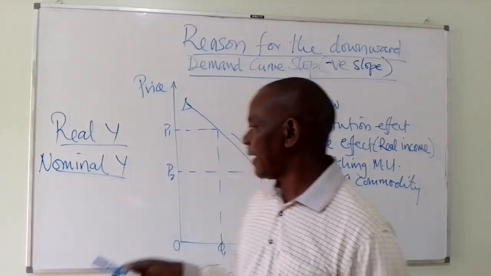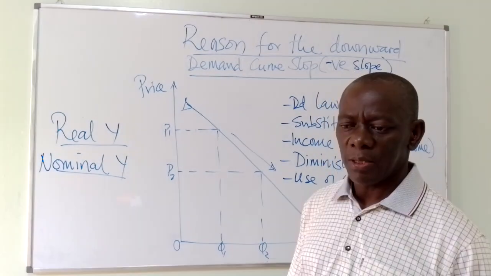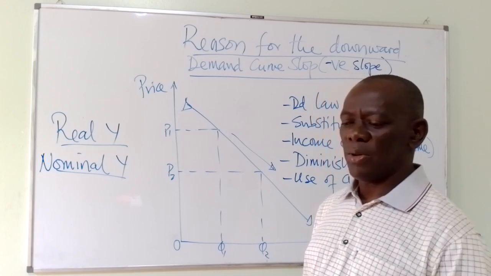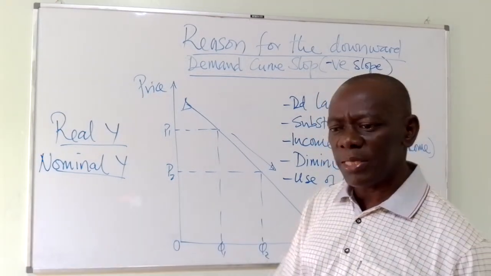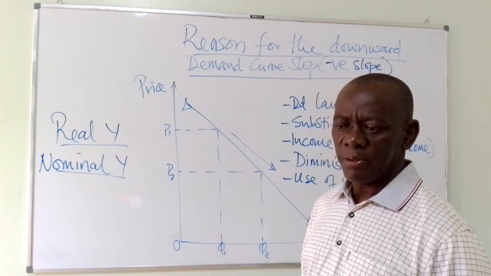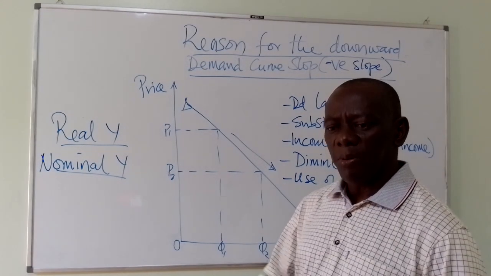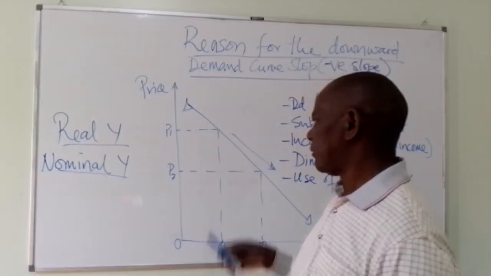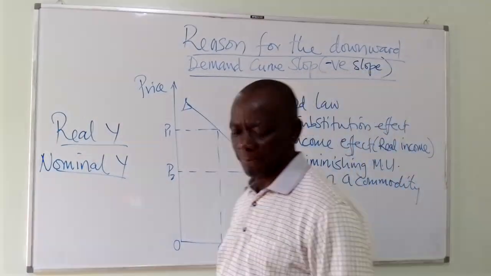So the income of the consumer determines this demand curve, good downward sloping. That when the income is low, when you cannot afford the commodities, you tend to buy these commodities as the prices go down. You have been buying less, but because of your income, the moment they reduce the price, you buy more. And that one is determined by the income effect.